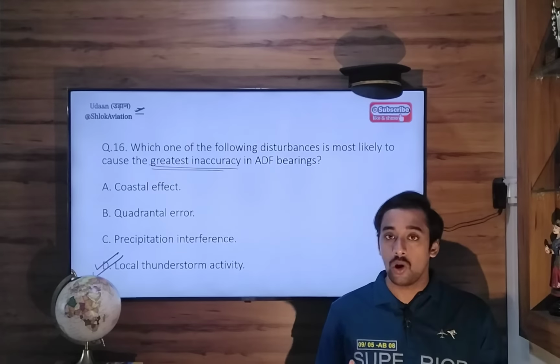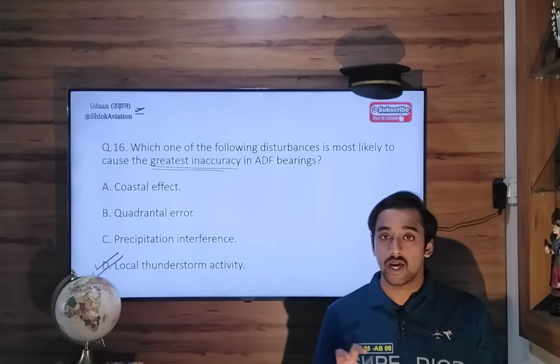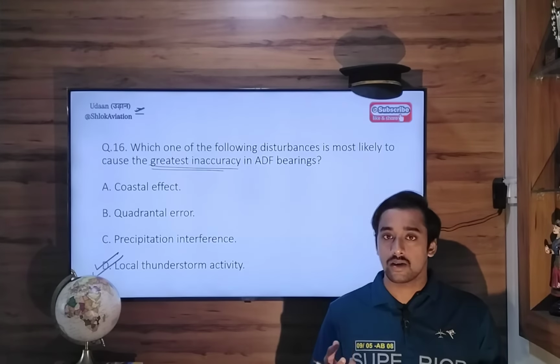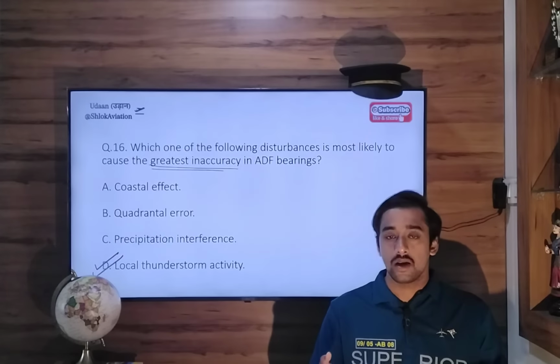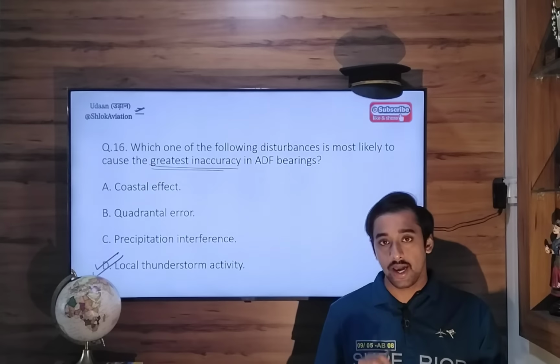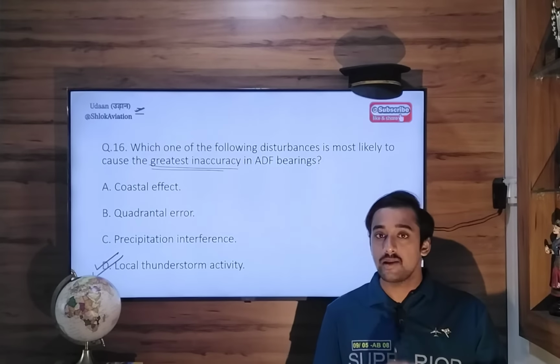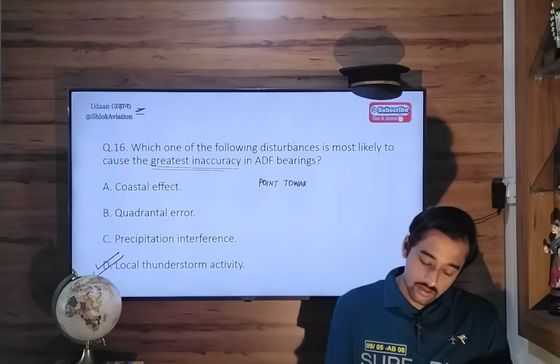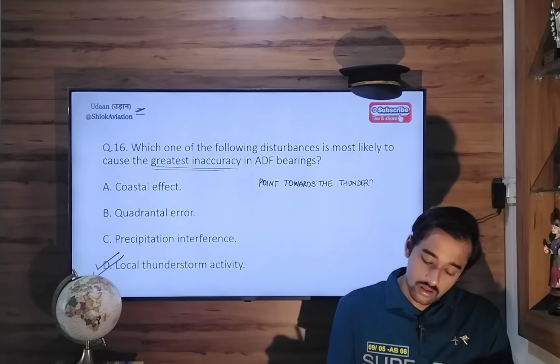Now the thunderstorm, as you all know, is a very dangerous phenomenon as far as flying is concerned. These thunderstorms will produce great electrical conductivity around the clouds. And due to this, the ADF in your aircraft, instead of pointing to the NDB station, will point towards the thunderstorm cloud.